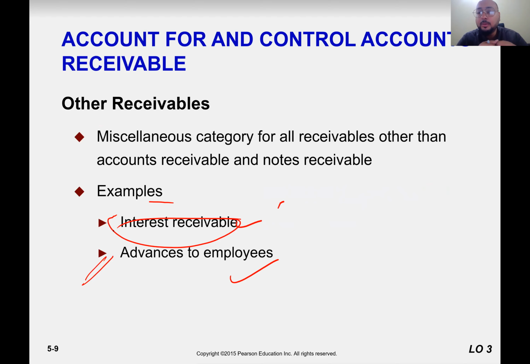Other receivables include other kinds of arrangement like lending money to your subsidiary companies, or you can also borrow money from your subsidiary companies as well. Parent is asking money from subsidiaries, right? Or subsidiaries asking for money from head office or parent company. Similarly, you can also lend money to employees.